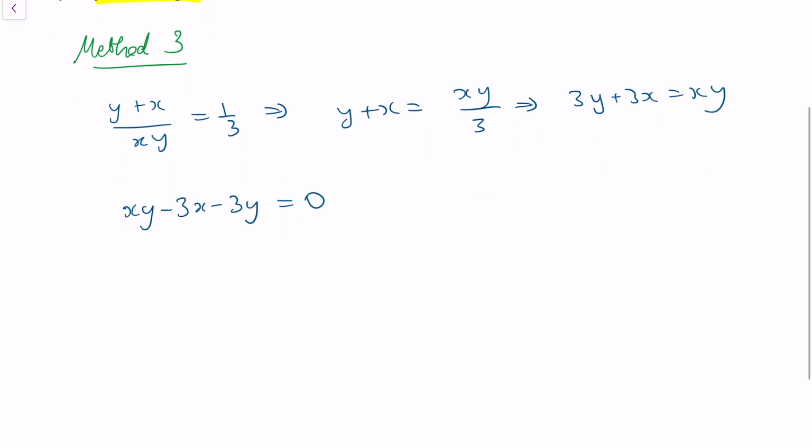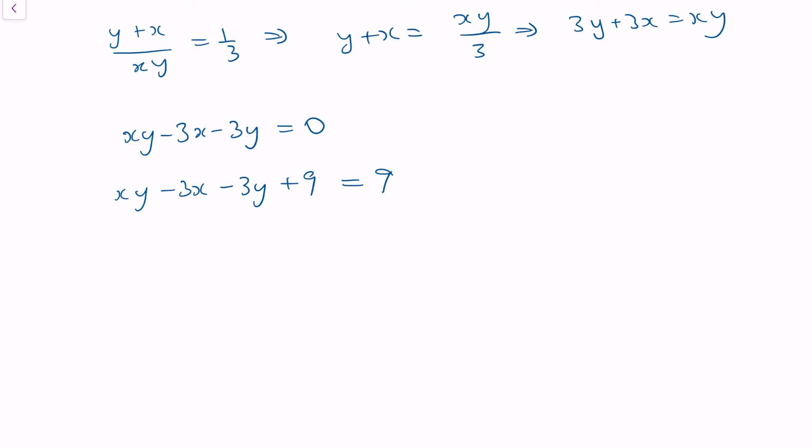Now we have 3 times 3 there, so if we simply add 9 to both sides, we have xy minus 3x minus 3y plus 9 is equal to 9. So if you look at the left hand side now, it's quite easy to factorize because we have x minus 3 and y minus 3, which is equal to 9.